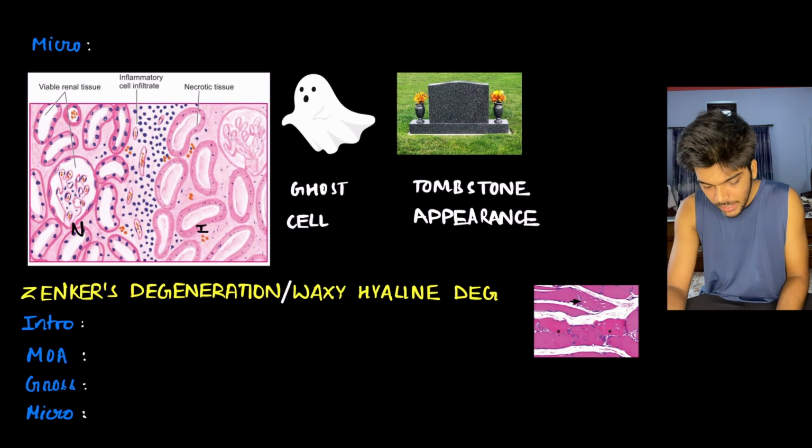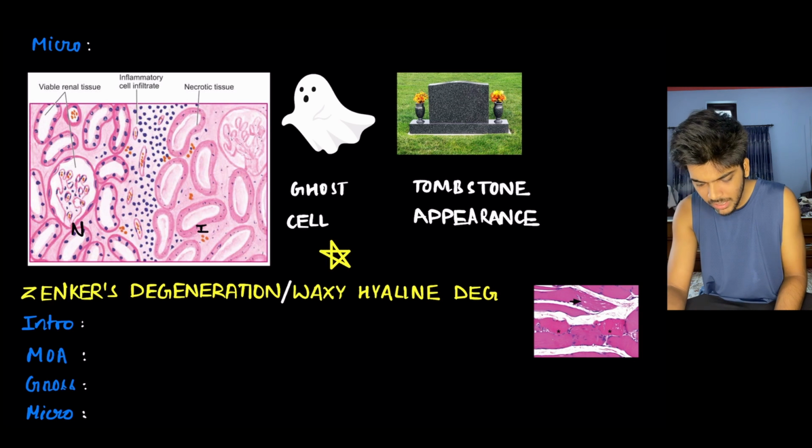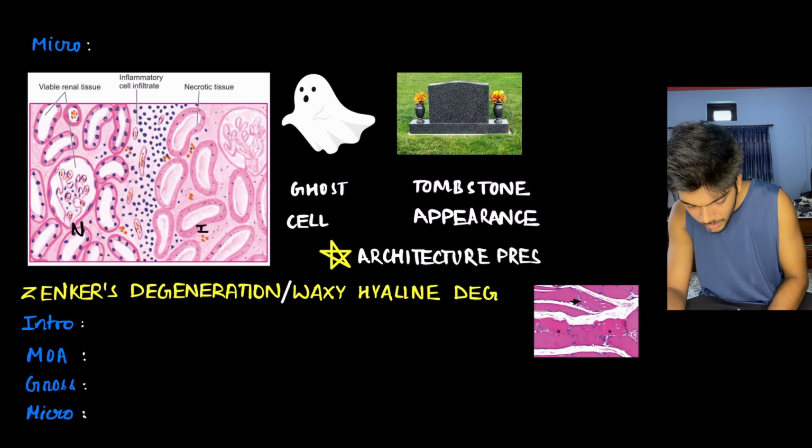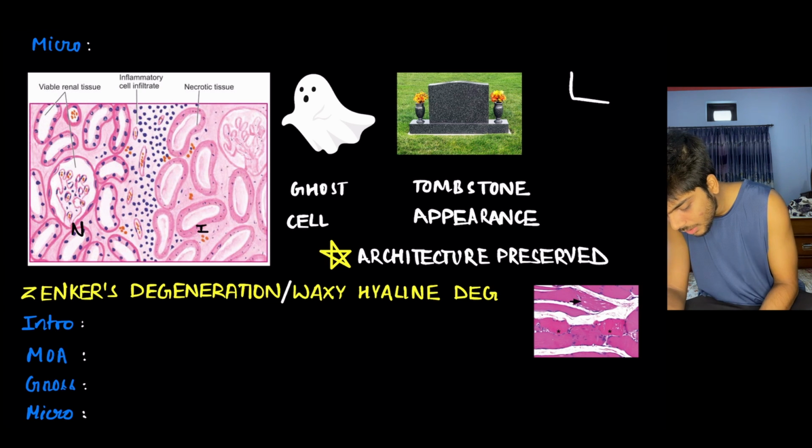What I really want to say is that the most important thing that you need to remember is that in coagulative necrosis, the architecture is preserved. What is happening is that, see, this is the normal cell with the nucleus inside.